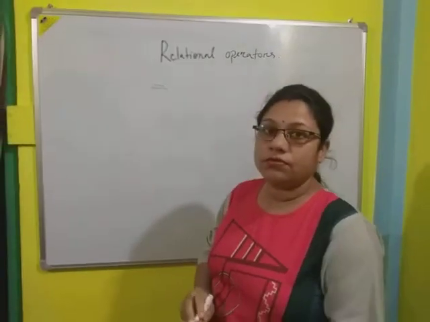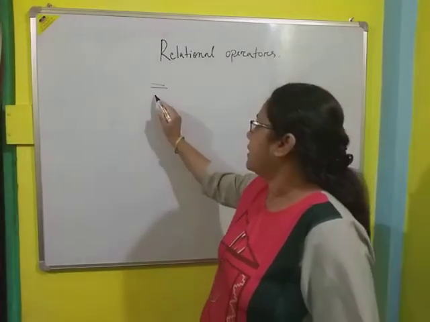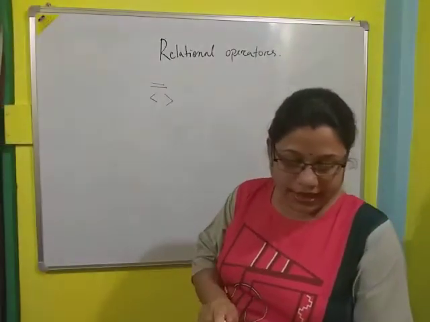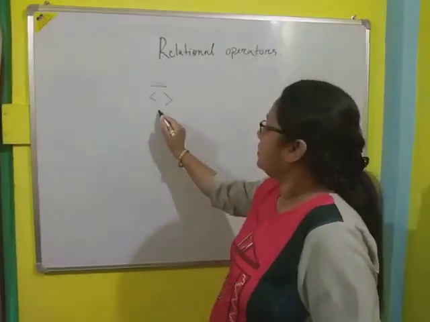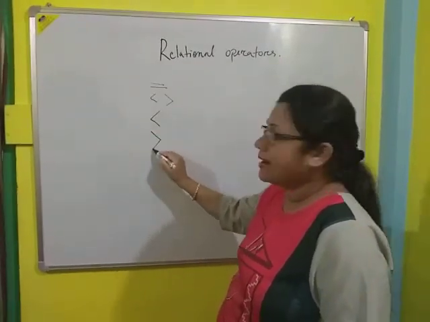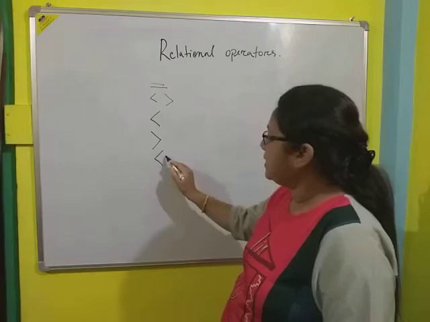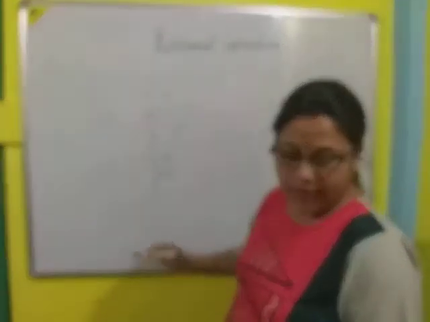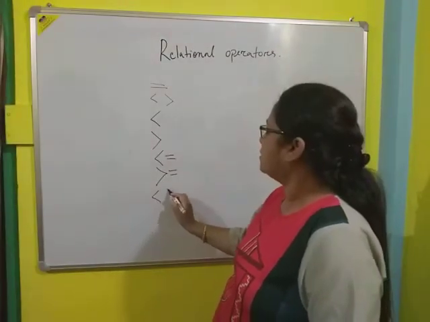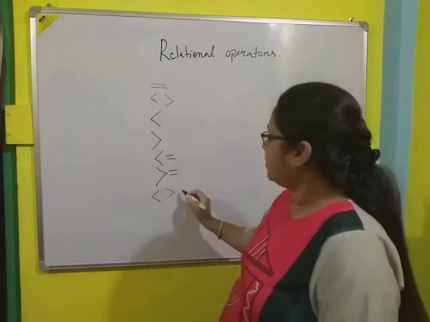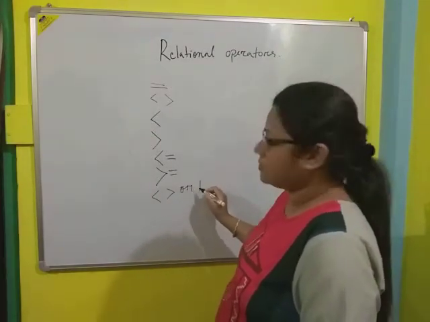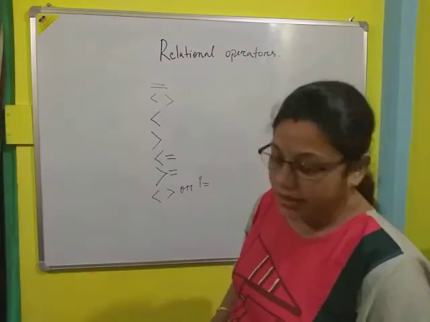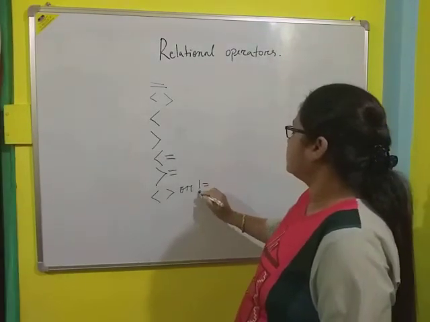After that, less than and greater than, less than equal to, greater than equal to, and not equal to. Or you can write not equal like this. So this is not equal.